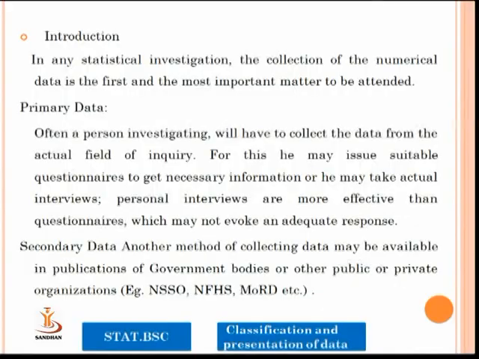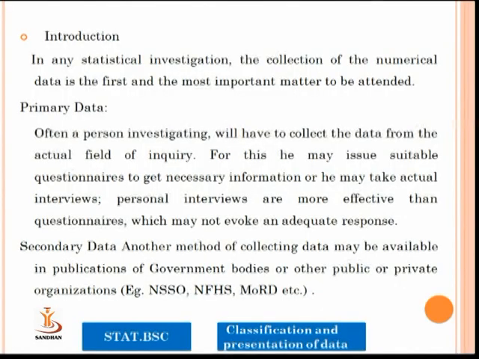For a particular target, whatever the information, whatever the players or whatever the observation which is obtained from this data, that is the sample, and the big mass or the source of information from where we took the sample is called the population.